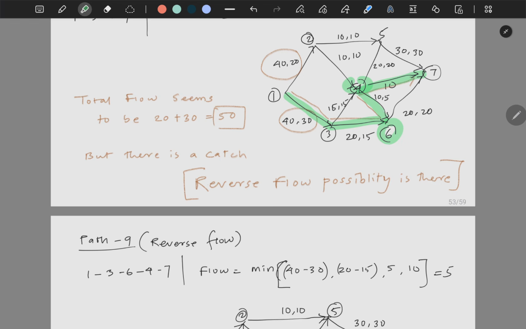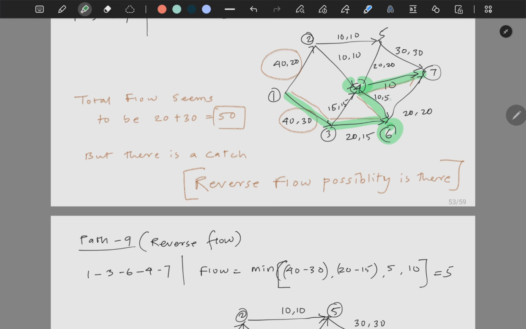Okay, and because out of 10 only 5 is flowing, if that 5 liters of liquid flows from 6 to 4, this will be as good as 10 minus already 5 was flowing in this direction and 5 liters of liquid goes from this direction, so this will be 5 minus 5, that is 0. So that means in this pipe there is no liquid that is flowing. Okay, which is actually possible.